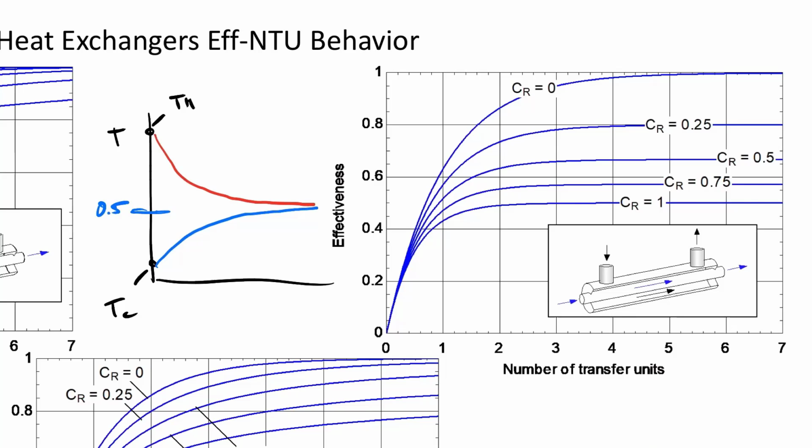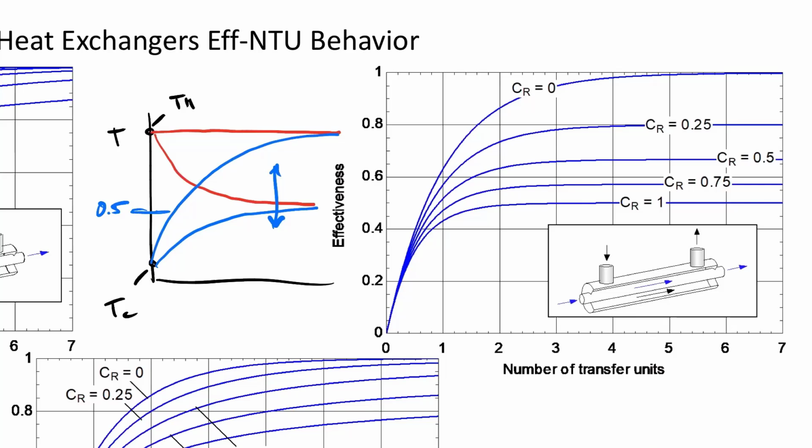If it's unbalanced, maybe this convergence point will shift up and down a little bit. If it's CR equals 0, then what I'm saying is let's say my hot doesn't change at all. It's got a very, very high capacitance rate compared to my cold. So my hot temperature is not changing at all. Then my cold temperature could look something like this.